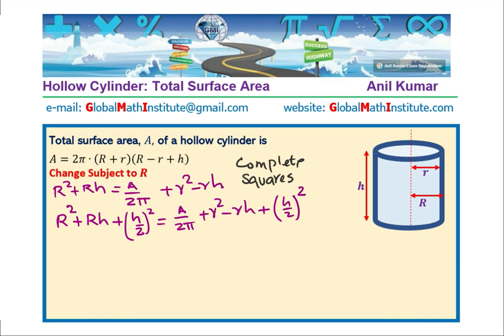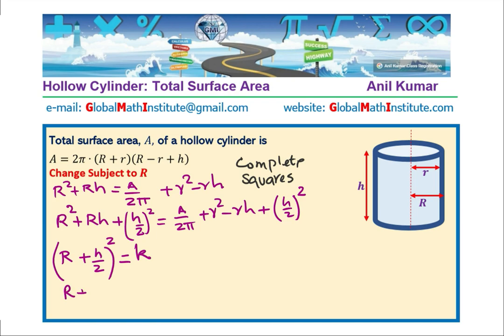Now the left hand side can be written as (capital R plus h by 2) whole square. And the right hand side I can replace with a constant, let us say k, where k equals A by 2 pi plus r square minus r h plus (h by 2) whole square. Now we can take the square root.